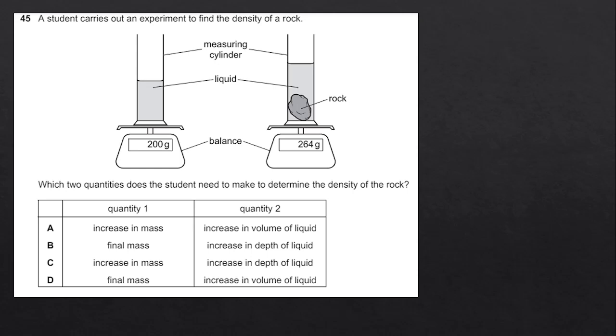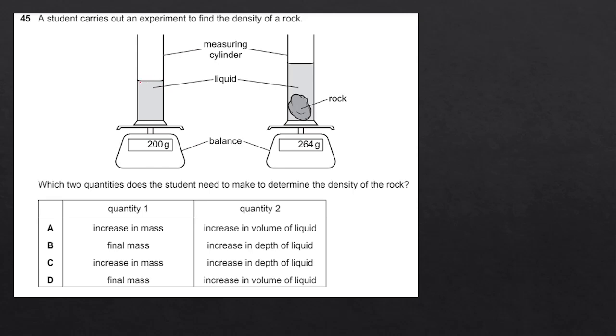Question 45. A student carries out an experiment to find the density of a rock. Which two quantities does the student need to measure to determine the density of the rock? To find the density of the rock, we need to find the mass of the rock. We can clearly find from this one that the mass of the rock is 264 minus 200, which is 64 gram. Then the student has to find the increase in volume.